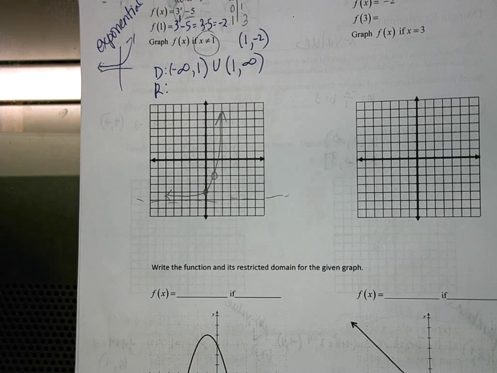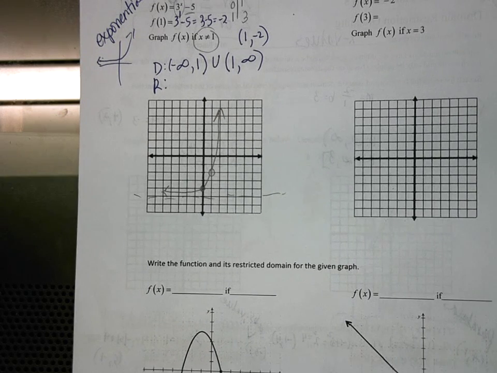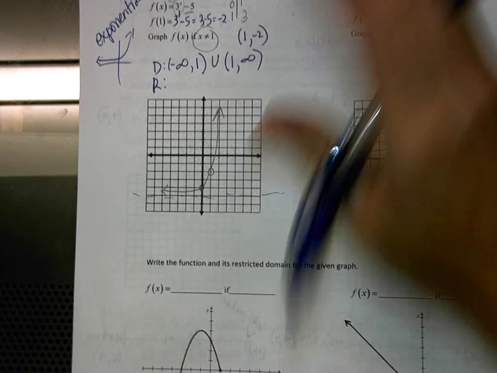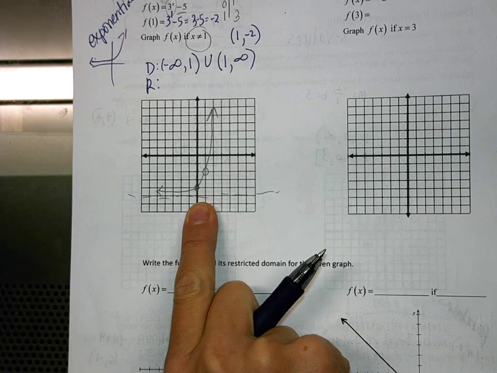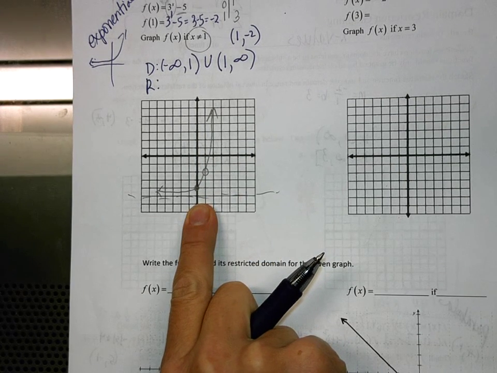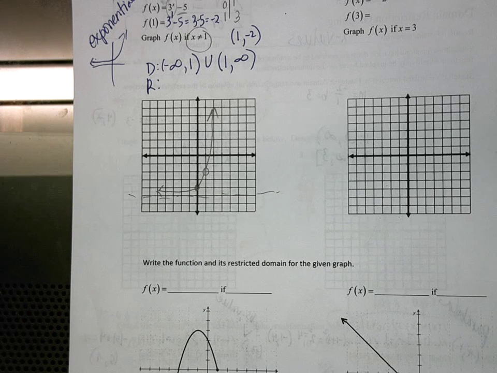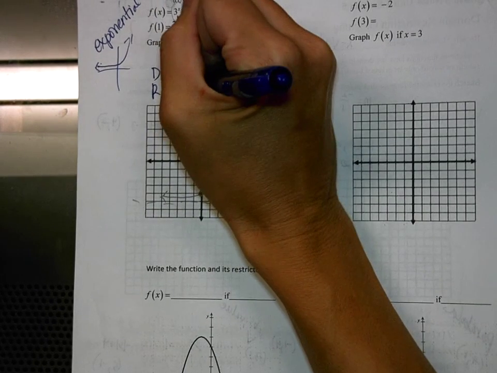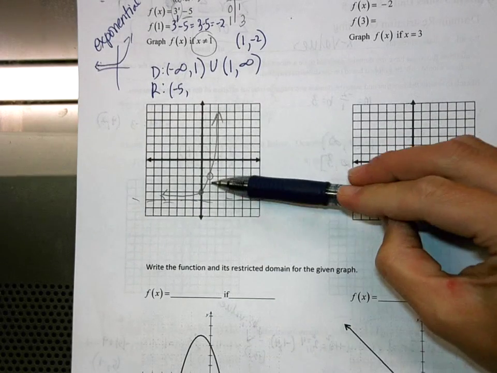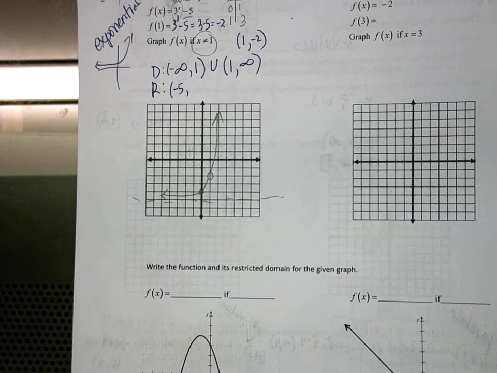So it's the same thing with the range. What is your smallest range value? Looking at your y-axis now, what's my smallest y value? -5, but remember, it's getting close to -5, but it never actually touches -5, so we're going to use a parenthesis. Where it doesn't touch, what value is that on the y? -2.